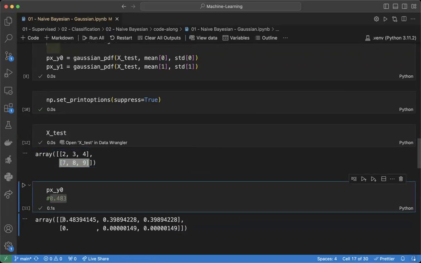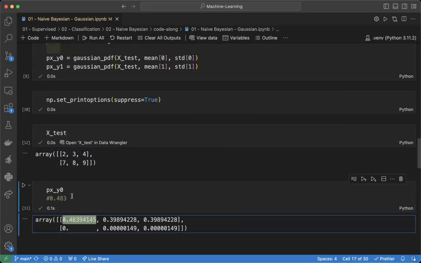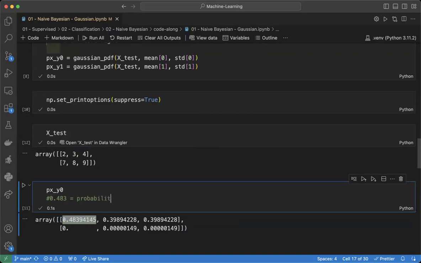0.483 right here is equal to the probability of the first sample belonging to class 0 based on feature 1. Basically, that is the idea.